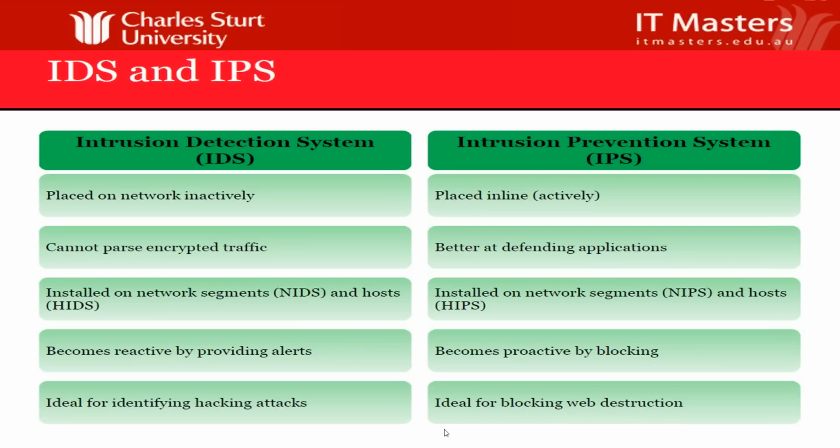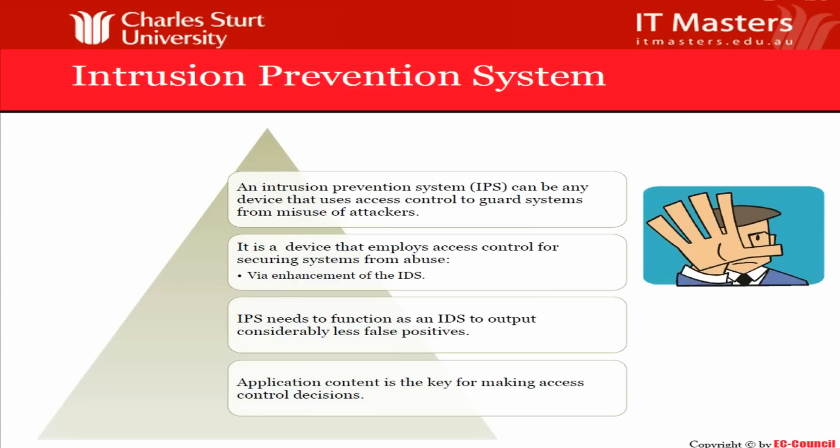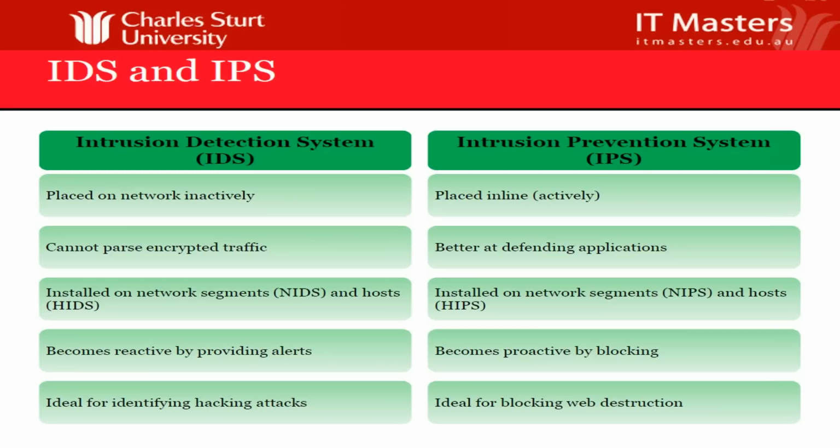IDS becomes reactive by providing alerts, whereas IPS becomes proactive by blocking. Remember, electroshock in my safe, and then someone trying to touch my safe if the alarm is on. So it's becoming proactive. IDS is ideal for identifying hacking attacks. IPS is ideal for blocking these kinds of intrusions.